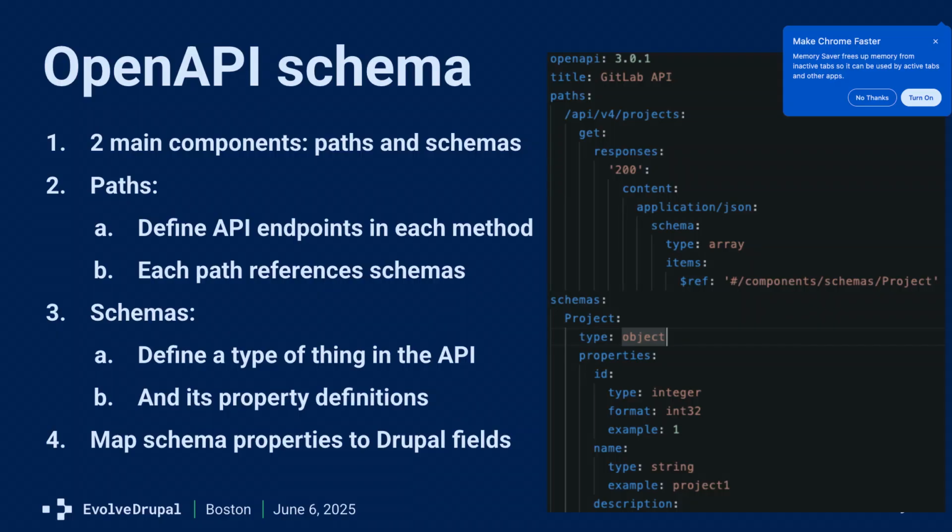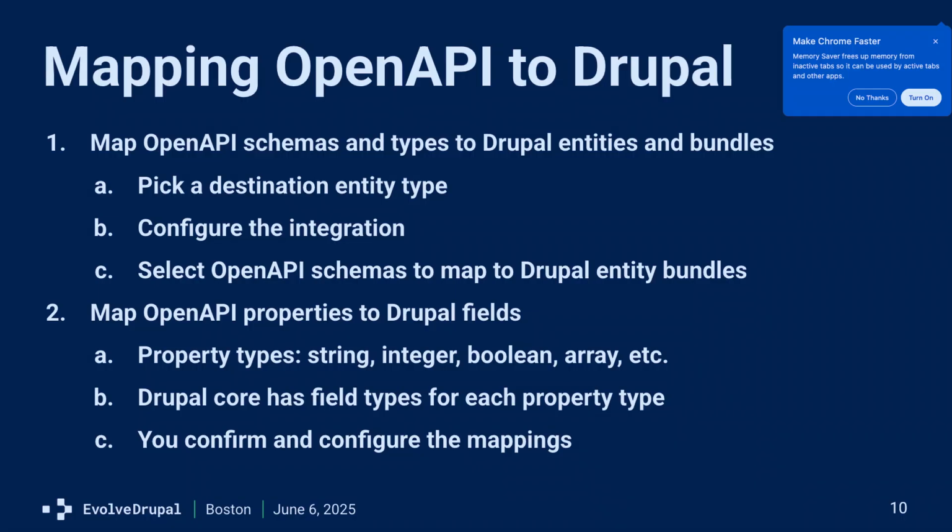We'll be showing a demo. Okay, so what the process is going to look like: we're going to show a list of all the Open API specs, like 10,000 of them, that are available. We're going to take one example and paste it into our module, and go through a workflow that takes those schemas, generates bundles in Drupal, generates fields based on the properties, and generates feed types to sync them into Drupal based on the mapping.